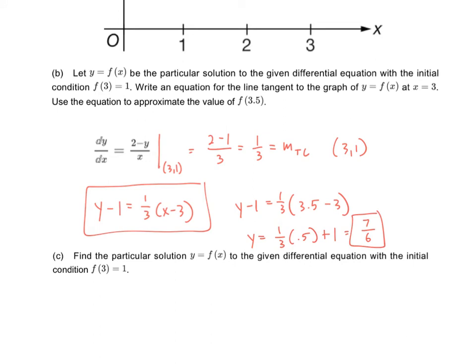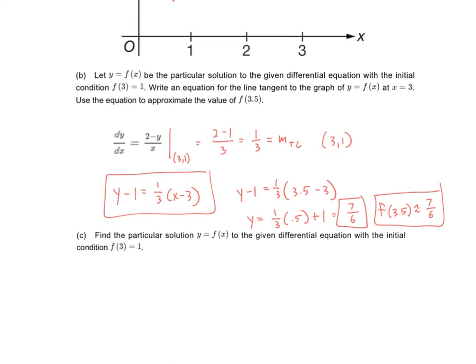That's it. And then maybe just to be explicit, we could say f of 3.5 is about 7 over 6.